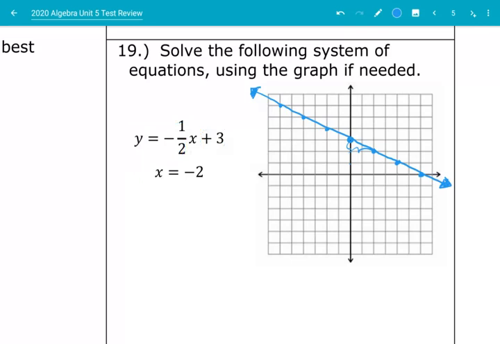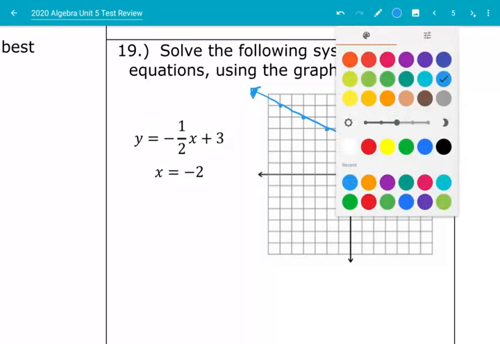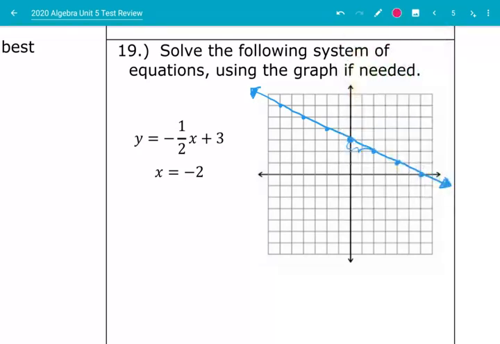The next one, which I'll put in, what color? How about that? X equals negative 2. Well, there's no y. That's okay. We know how to deal with this because we remember vertical lines. That's a vertical line.